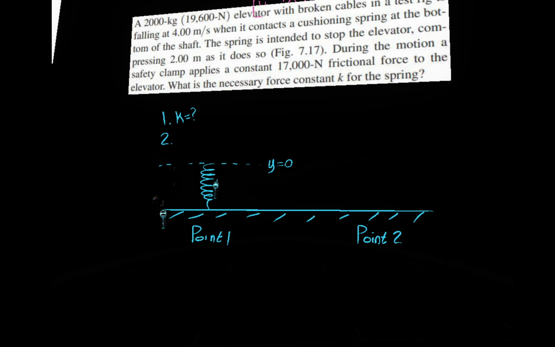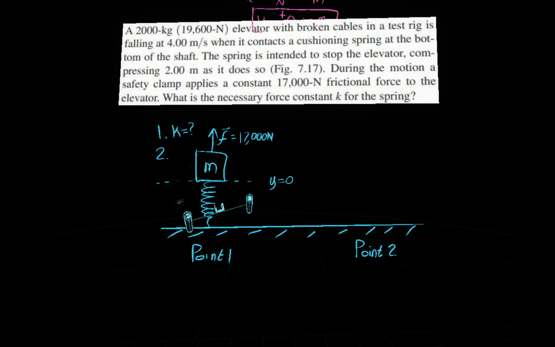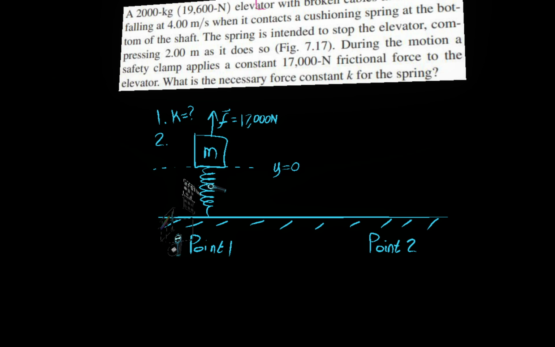And we have this box attached to it, which is the elevator, some mass, right? We have some force acting on it, which is from the cable, and that's equal to, they tell us, 17,000 newtons. The mass is 2,000 kilograms, so M equals 2,000 kilograms.